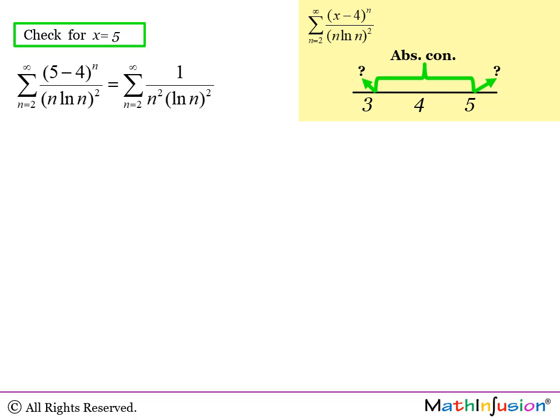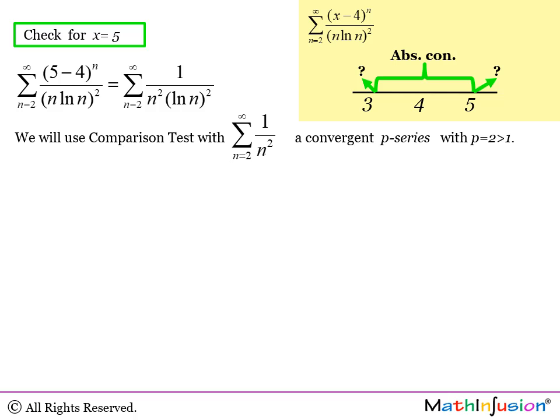The term now is only an expression of n. We will use the comparison test with the series of 1 over n to the power of 2, which is a convergent p-series with p equals 2. Recall, if we have a p-series with p that is more than 1, then the series is convergent.